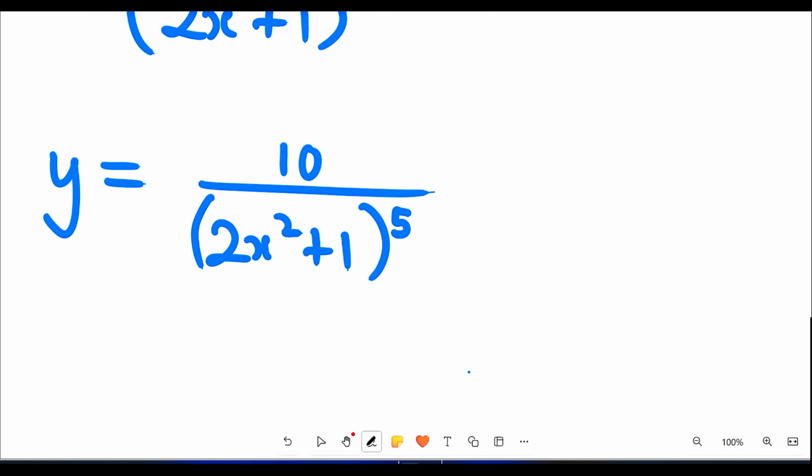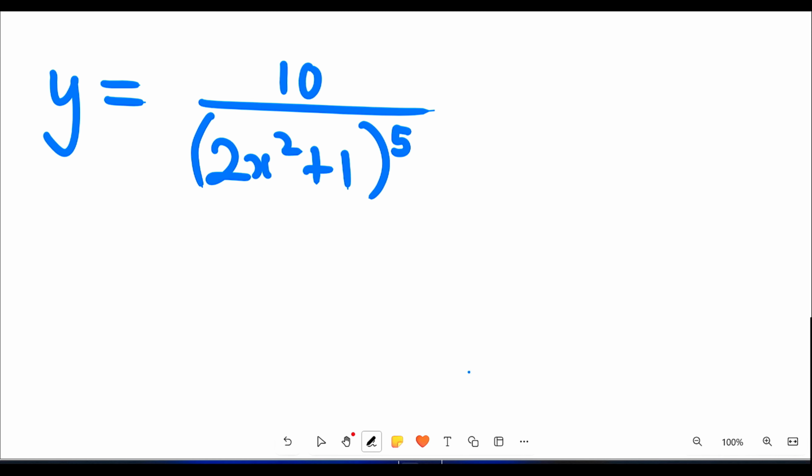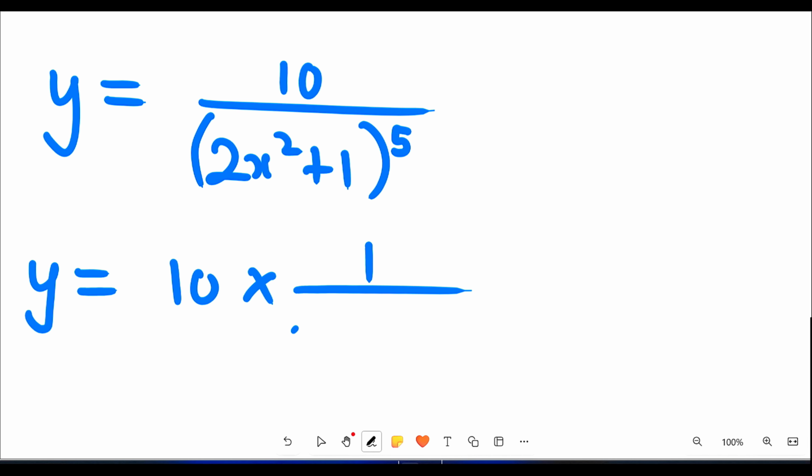All right. So we are going to differentiate using a shortcut. All right. So I can rewrite this as y is equal to 10 multiplying 1 divided by (2x squared plus 1) in bracket having a power of 5.